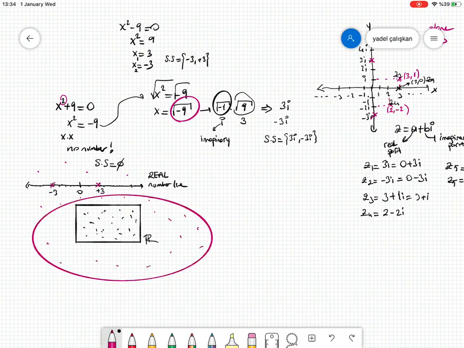There are infinitely many new numbers, a new expression and a new plane to find places for these numbers. Real numbers are also such numbers. The name of this number set is complex numbers, and the sign is C.